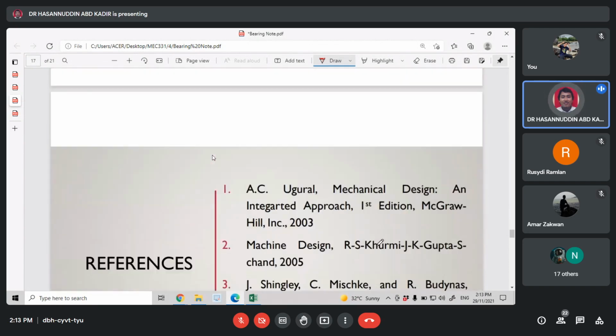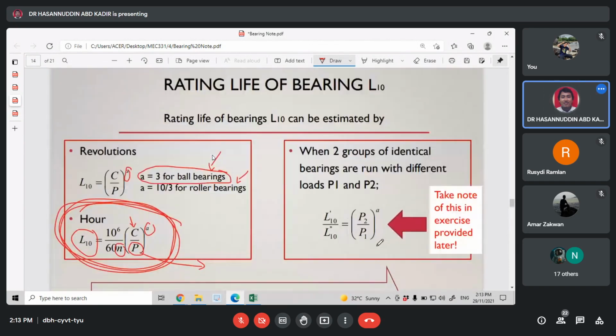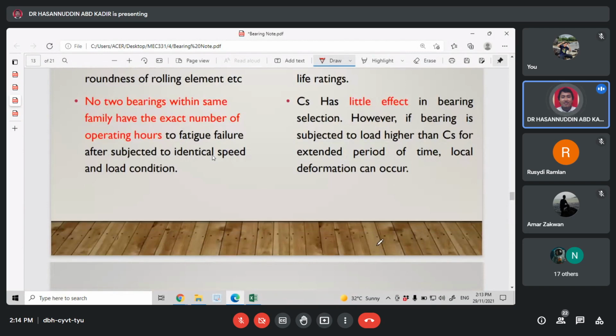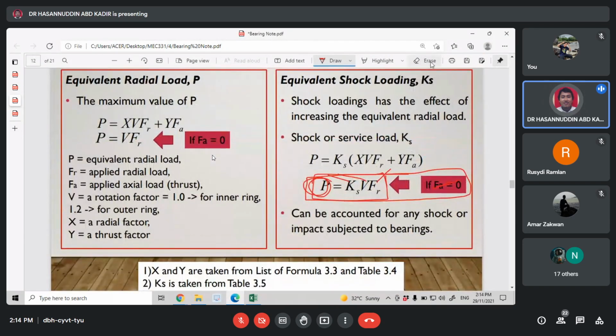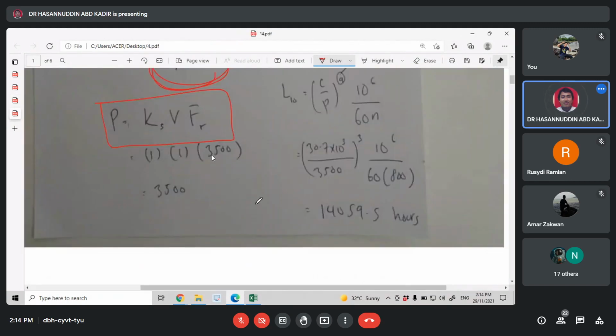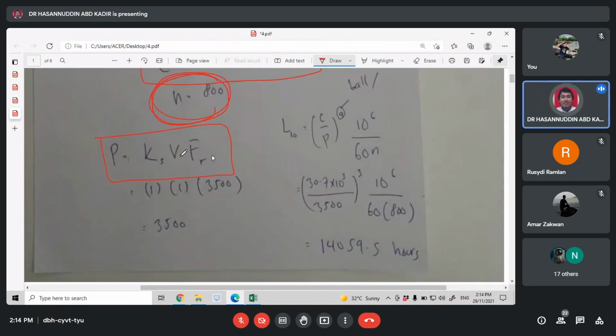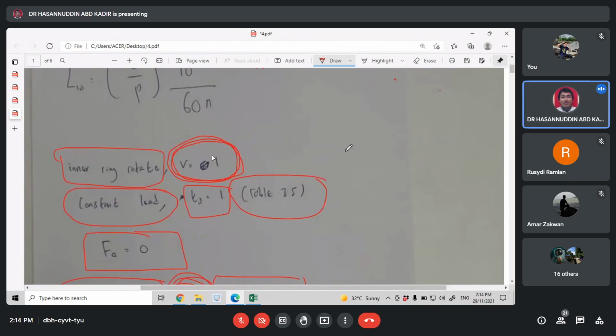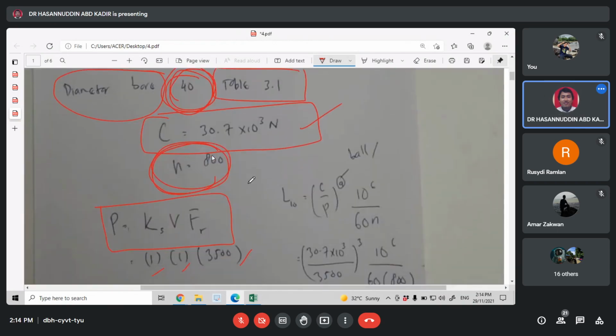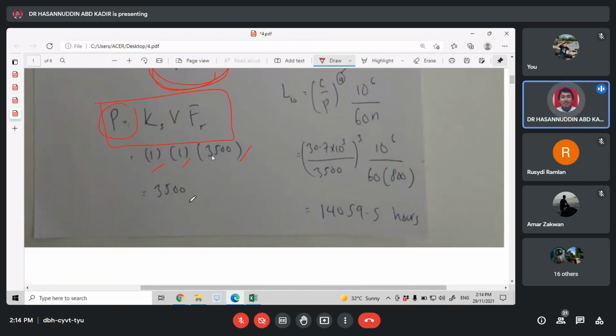So if you refer to the formula, if we have no FA, we can directly apply this formula, P equal to KS V FR. Now you can start to find the value of KS and V. V you know because of the inner rotate, KS also from the constant load condition from table 3.5 here. And then we can go for the value of P, we get the value of 3,500.